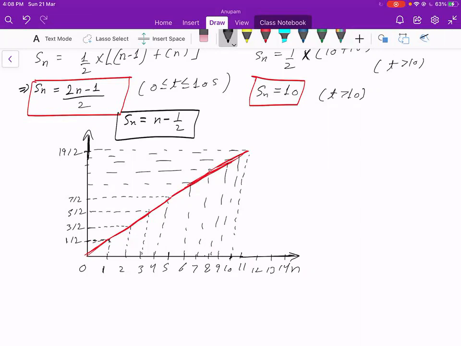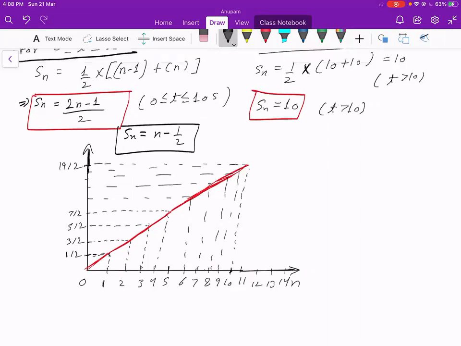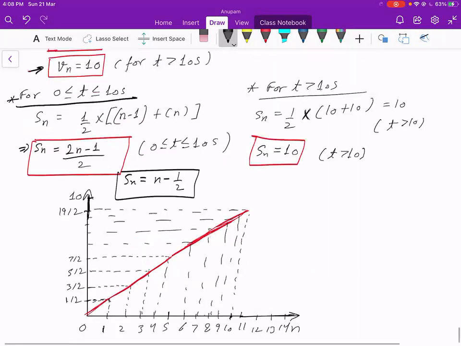Then after that, Sn becomes 10. If n is 10, then you use the left formula, which is essentially 9.5. And if n is 11, then it jumps to 10.